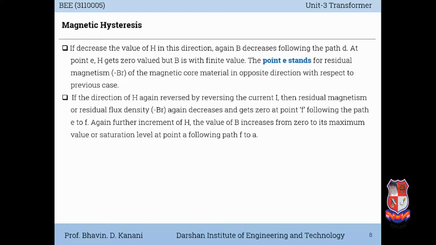If the direction of magnetizing force H is again reversed by reversing the current I, then residual magnetism or residual flux density again decreases and gets 0 at point F following the path E to F. Again, with further increment of magnetizing force H, the value of flux density B increases from 0 to its maximum value or saturation level at point A following path F to A.